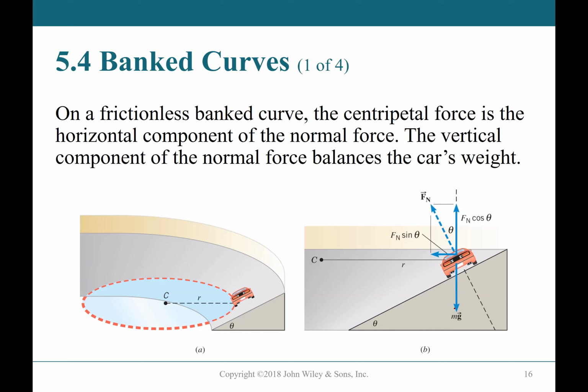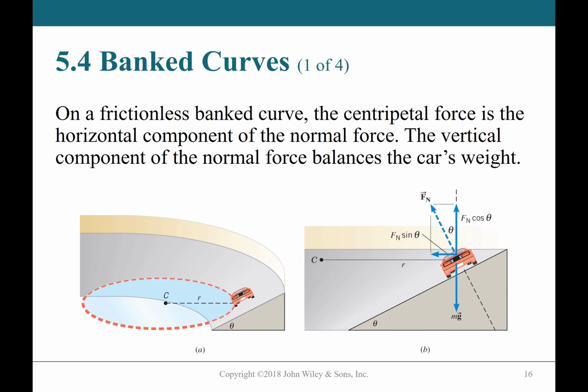So when it says on a frictionless banked curve, the centripetal force is the horizontal component of the normal force. So this normal force now, F sub n, has a horizontal component and it has a vertical component. And the vertical component of the normal force balances the car's weight.